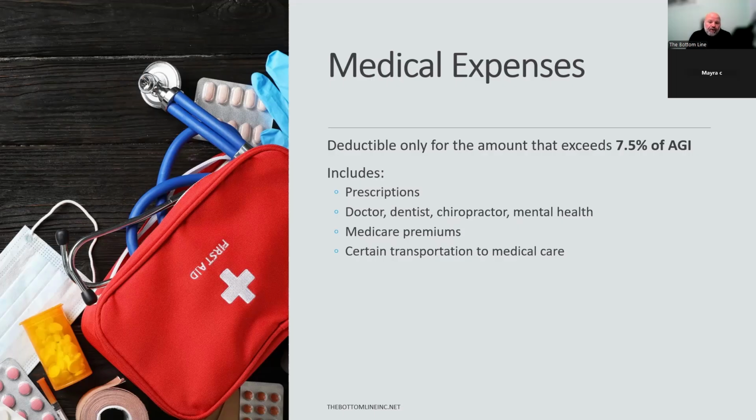If you're not self-employed and you pay your own health care premiums, you can deduct them as well. So this is all medical expenses. So you have to figure first what someone's AGI is and then times 7.5%, and then only over that.